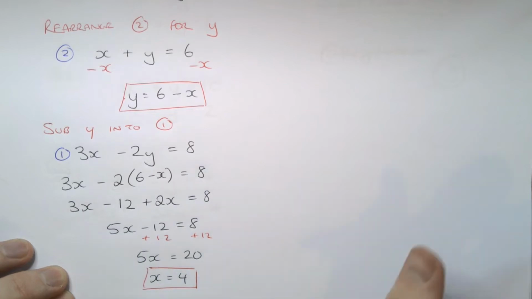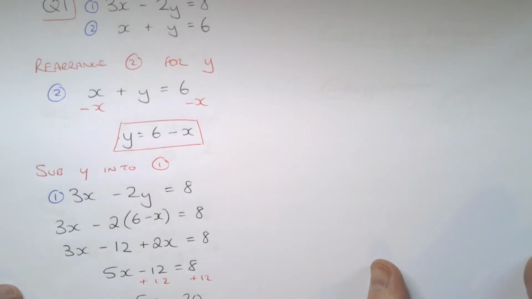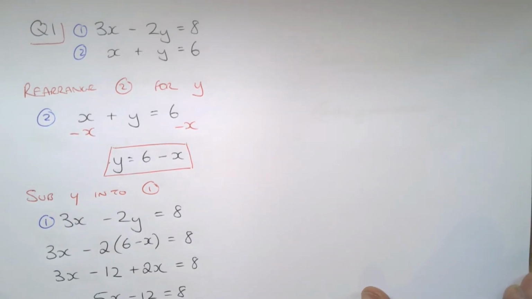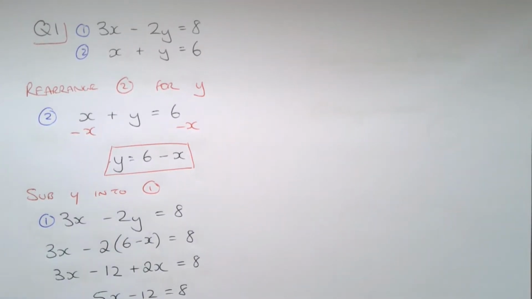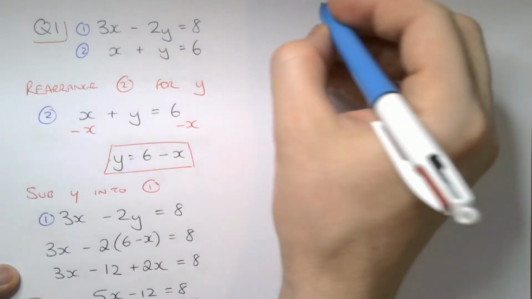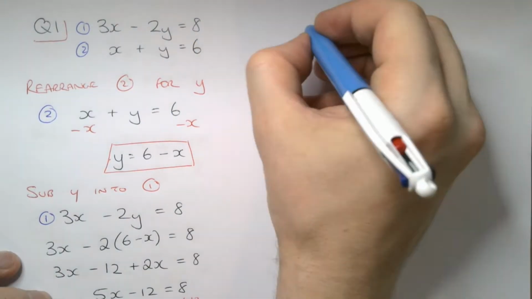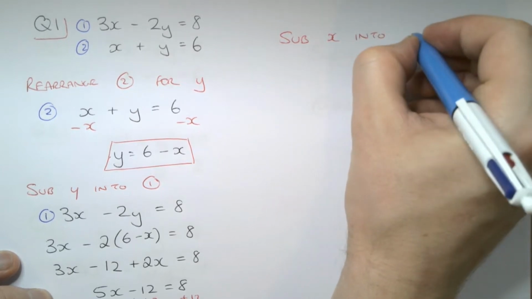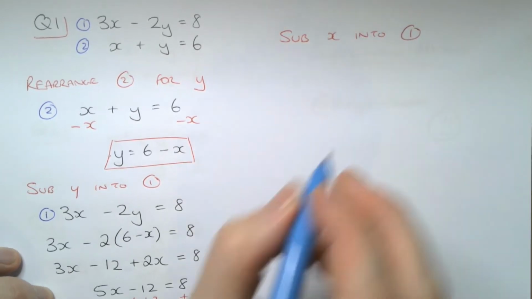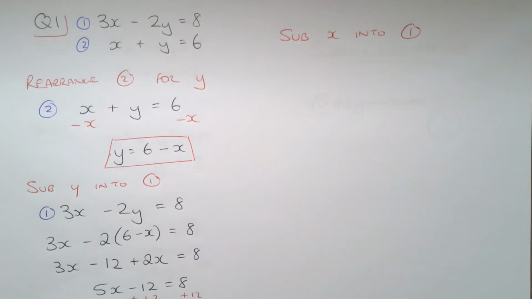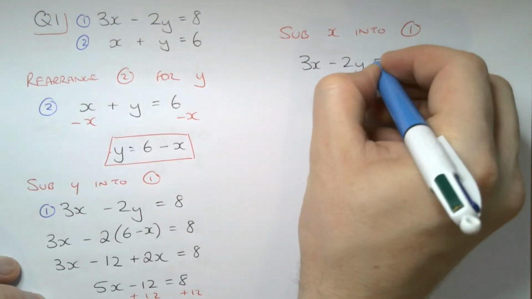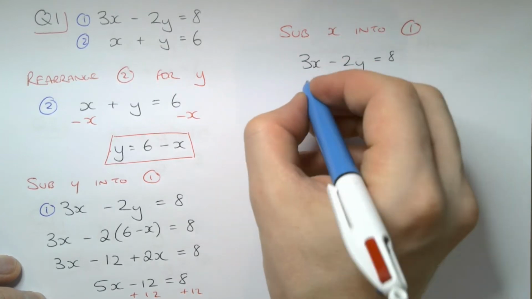Great. I now have my x value, so I'm going to sub that into either equation to get my y. As before, when we did the elimination method, I'm going to pick an equation. I'll sub x into equation 1. Take 3x minus 2y equals 8 and replace the x with 4.